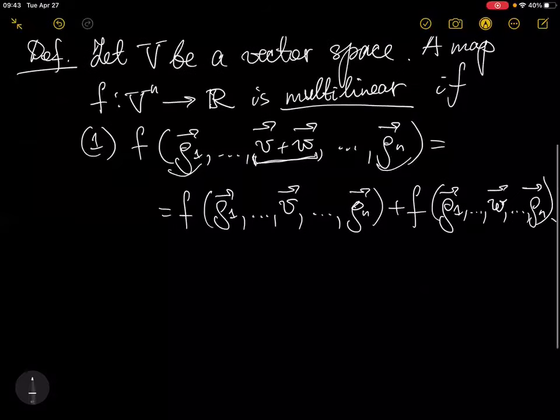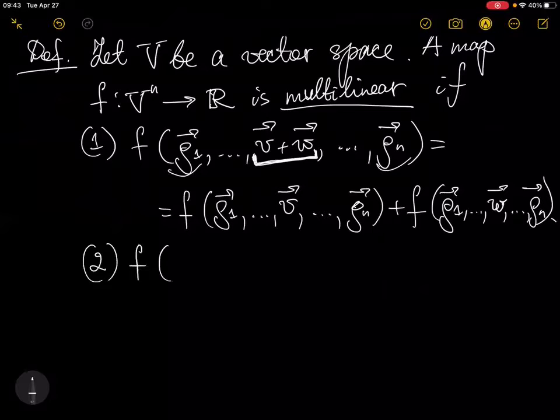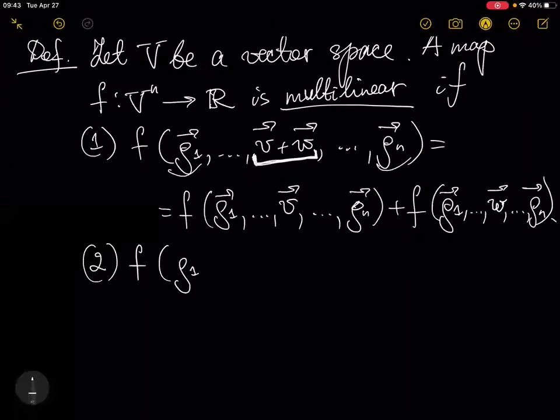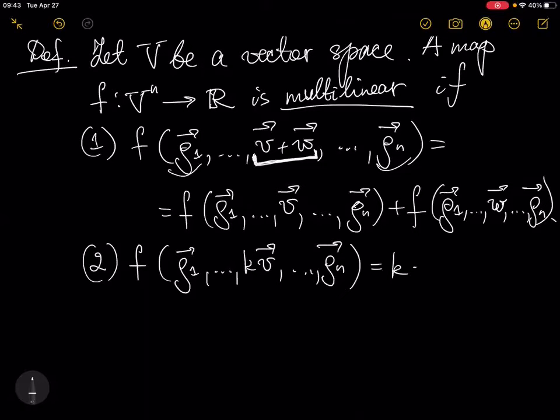Essentially, it's linear with respect to addition of two vectors here. And second, if you multiply any of the vectors by some scalar, then you can factor it out.